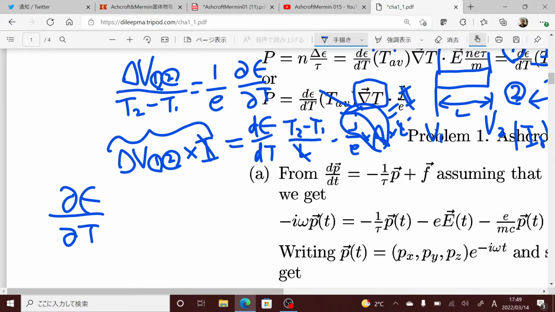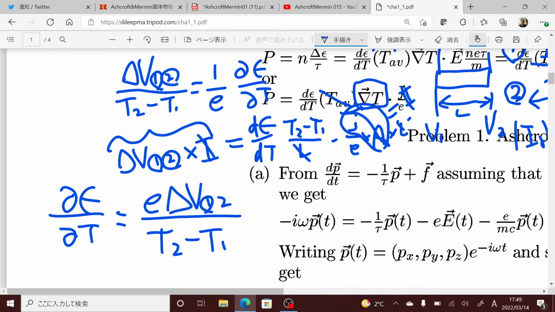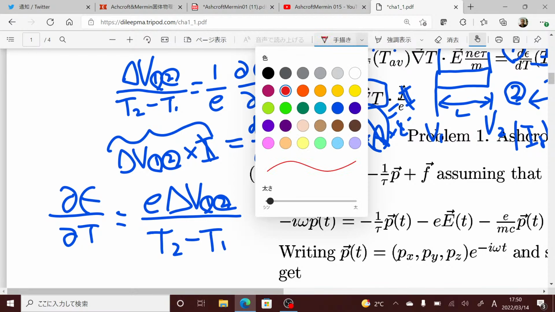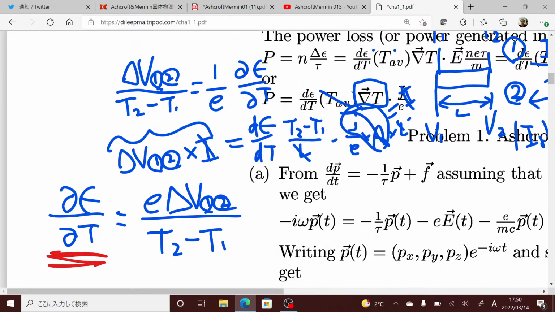The increment of electron energy divided by the increment of temperature on average is this, T2 minus T1 over E delta V_12. So theoretically, fundamentally useful information can be obtained from experiment.